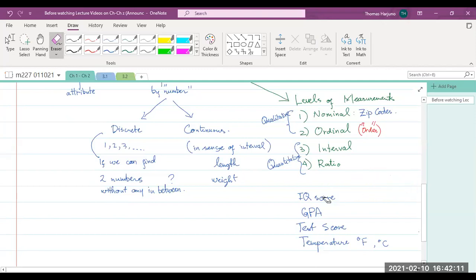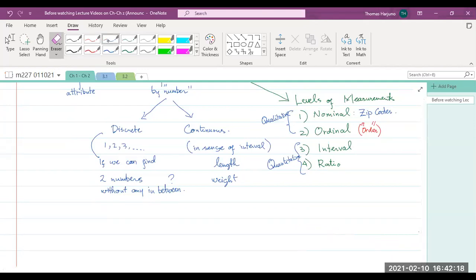That's for interval. For ratio, when we take the quotient, it's still meaningful. For example, my son is 3 feet tall, I am 6 feet. Then you can say that I am twice as tall as my son.